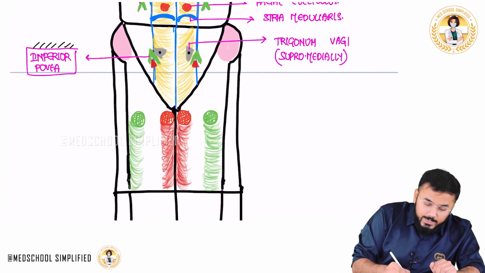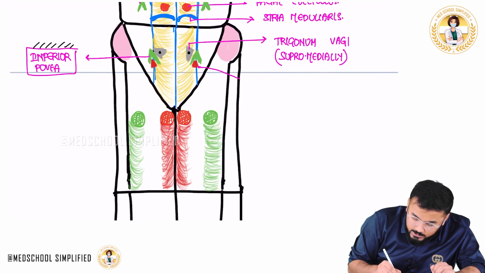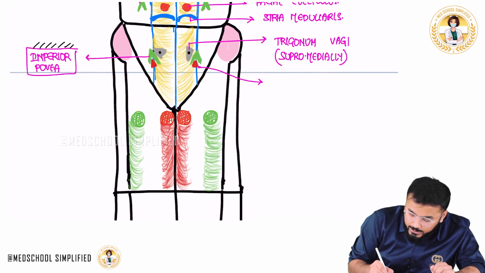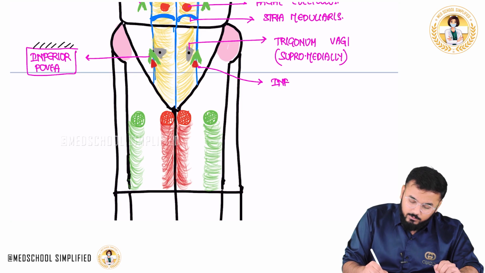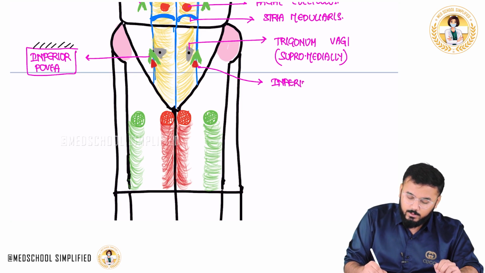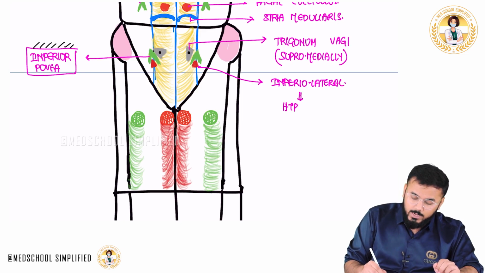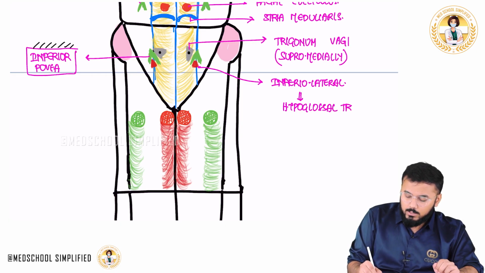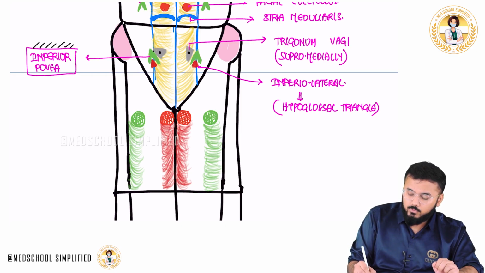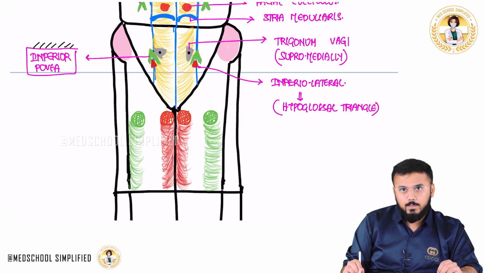Yes. So infrolaterally you also have this particular structure which I am highlighting here. This structure is called the hypoglossal triangle. Why are you calling it the hypoglossal triangle? Because the nucleus for the hypoglossal nerve is present here.